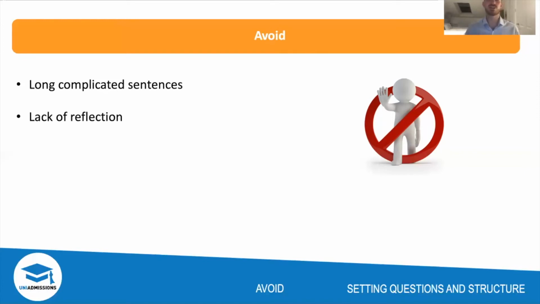But this isn't just for readings. I'm going to talk more later about your extracurricular activities. And if you're saying any sort of extracurricular activities, whether it's football, cricket, snowboarding, violin, piano, whatever you do outside of academia, it's imperative that you reflect upon it.